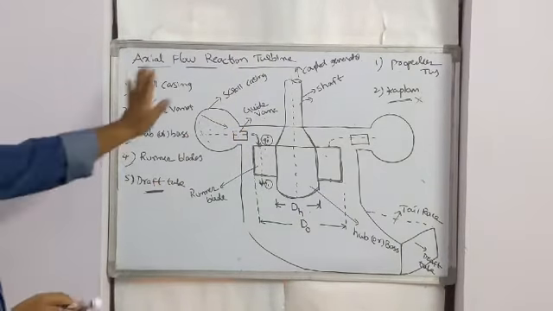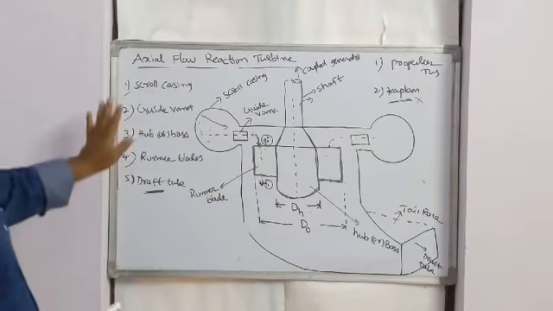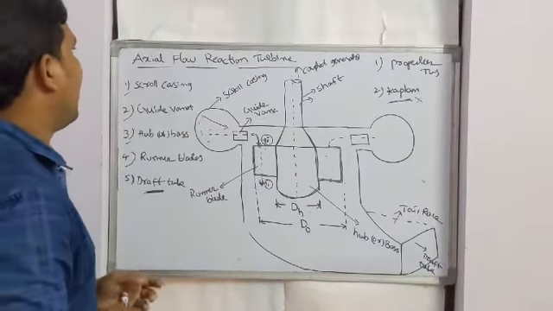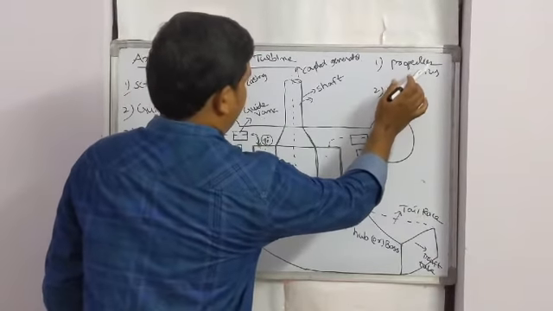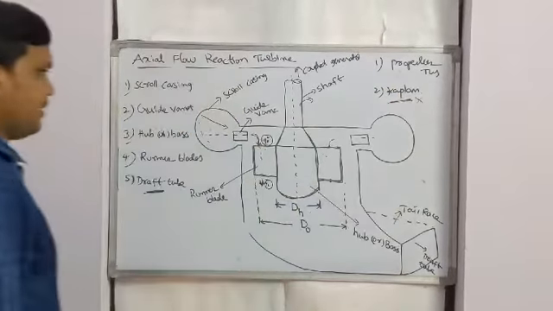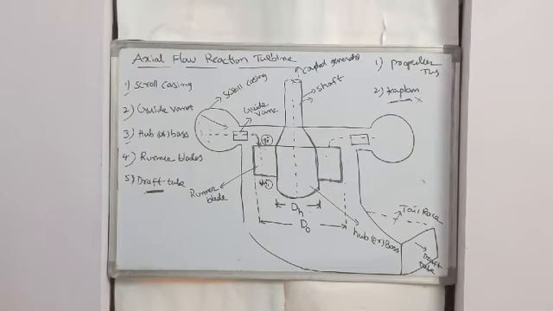This is the complete working principle of the parts of the axial flow reaction turbine. Axial flow reaction turbine has two types: propeller turbine and Kaplan turbine. Now we will go for working proportions and design proportions of the axial flow reaction turbine.